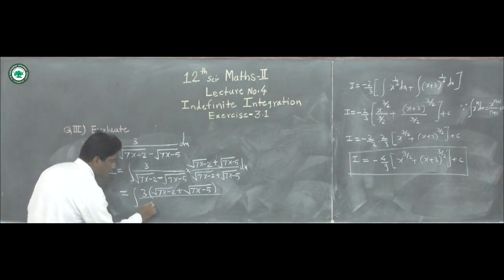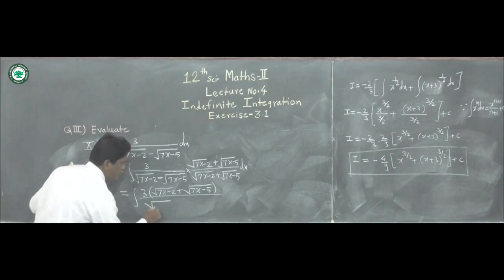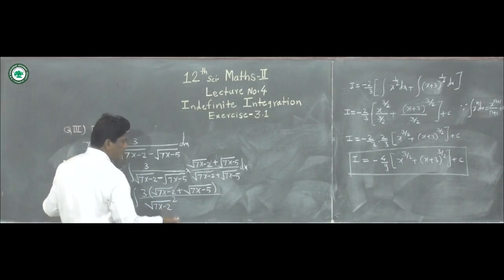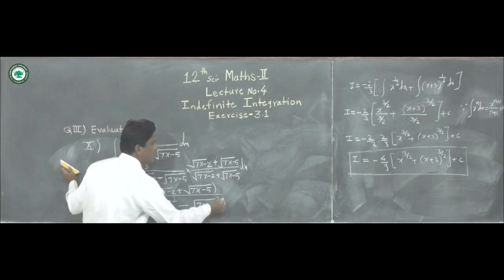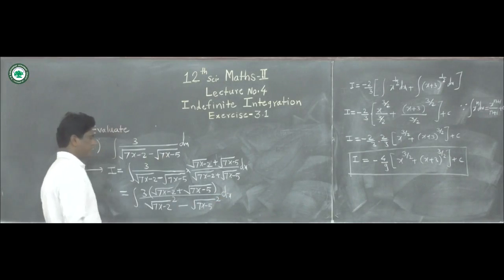So a is here under root of 7x minus 2, its square, minus root of 7x minus 5, its square, and here dx.